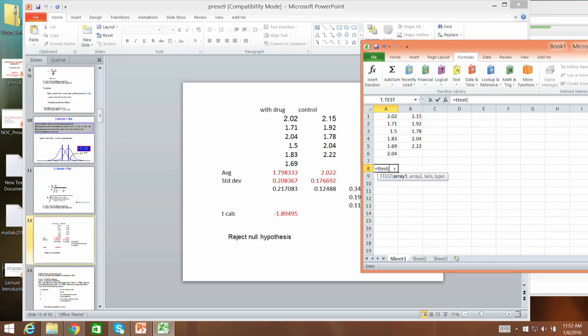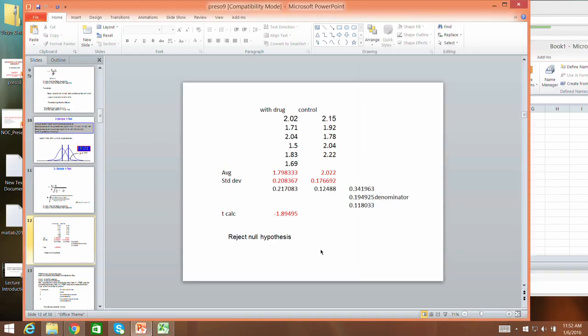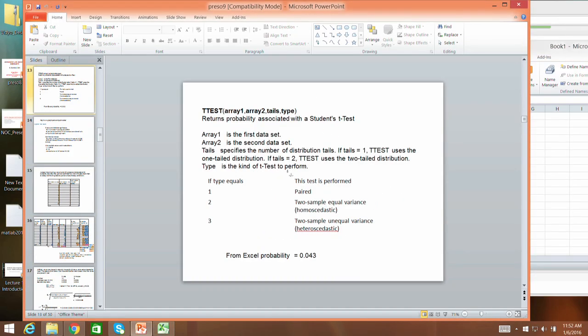TTEST. We give the first data set and then a comma, we give the second data set, then a comma, and we can give equal variance or unequal variance. So if I put 3, I have given it as 3, that means unequal variance.